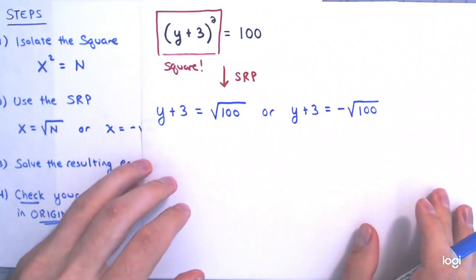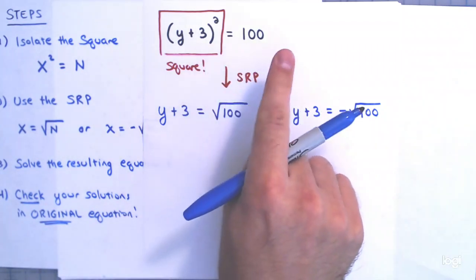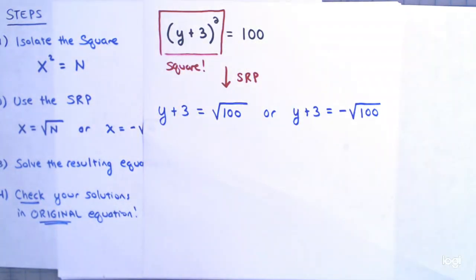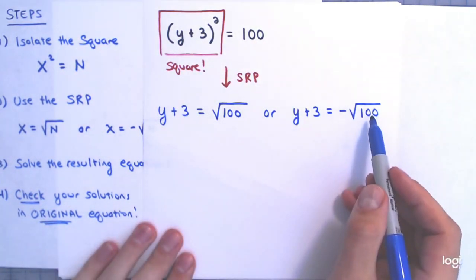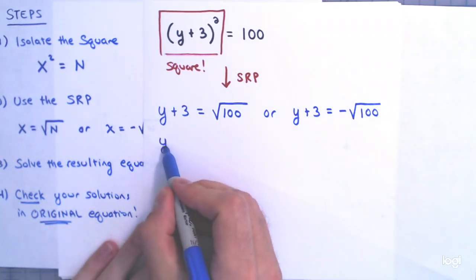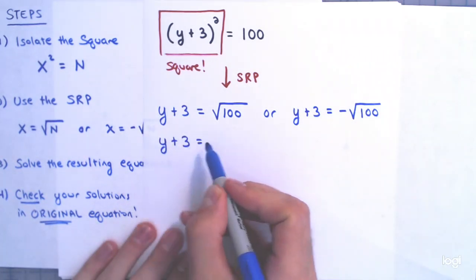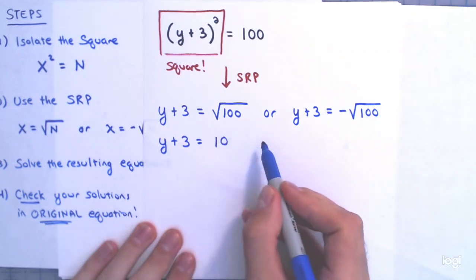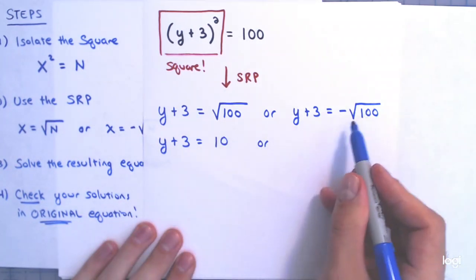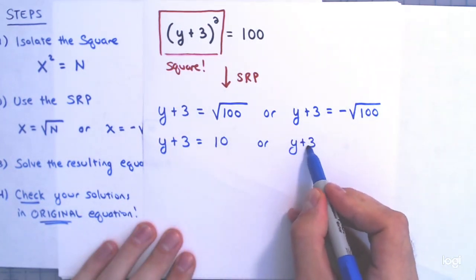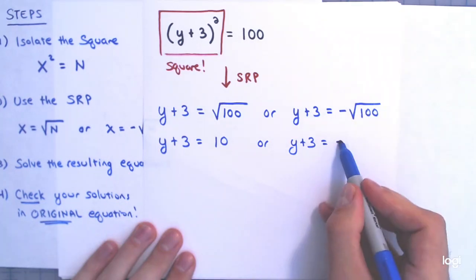In either one of those cases, this will be a true statement that I started with. And of course, we simplify our radicals. So this first equation is y plus 3 equals positive 10, and this second equation is y plus 3 equals the opposite of that, negative 10.